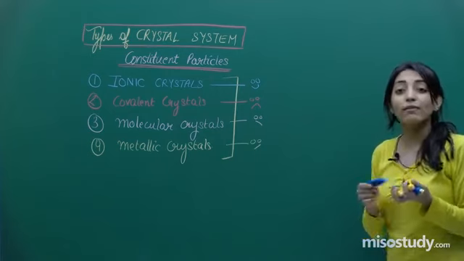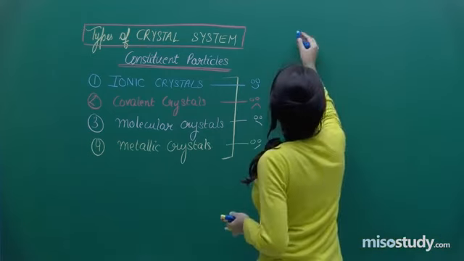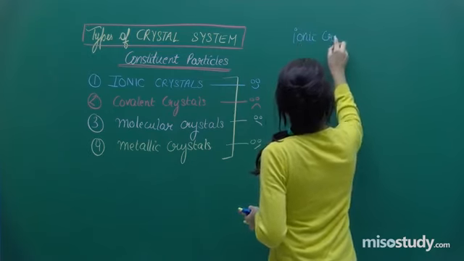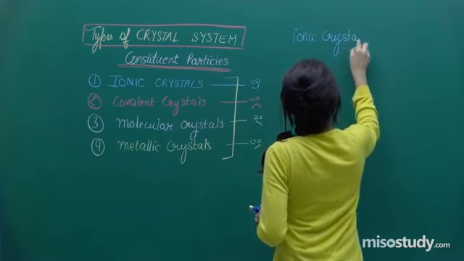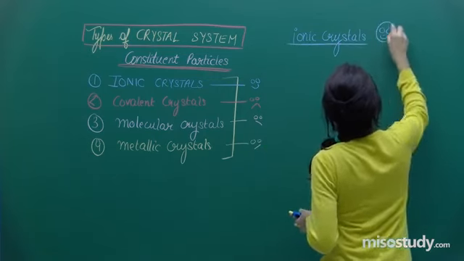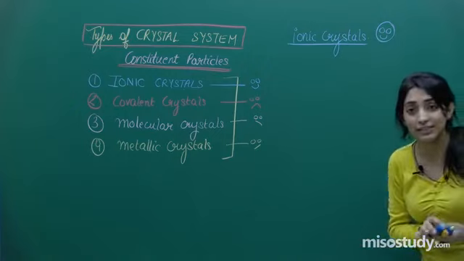Beginning with the very first crystal system, which is ionic crystals. What do we have in an ionic crystal system?